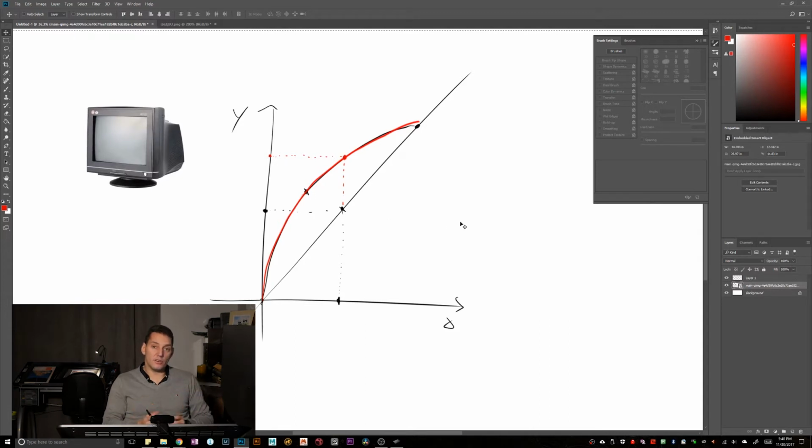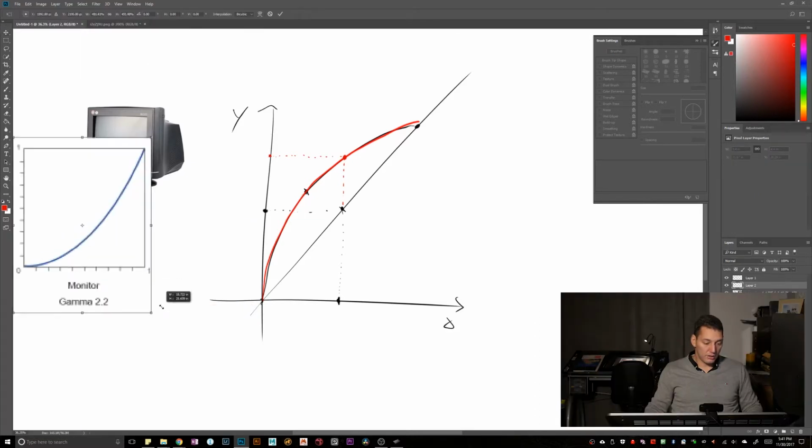With a CRT monitor, the amount of energy or electricity needed to generate a dark pixel and a bright pixel is not the same. So you need more energy to generate brighter pixels, and that's why the relationship between electricity and brightness of the pixel is not linear, but is a non-linear function and is actually the gamma of the monitor.